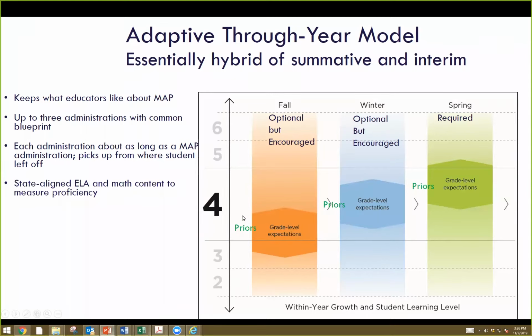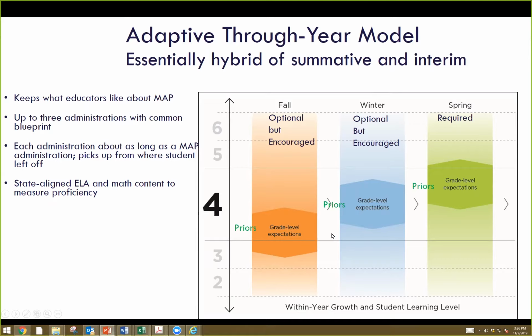I should also mention about this prior information that it does not matter what district a student tests in. If they have this information, we'll use it from wherever they are in the state of Nebraska. So if a student was in District A in the fall and moves to District B, we can still use that prior information from the previous district. If they move again, we can still use it across districts.